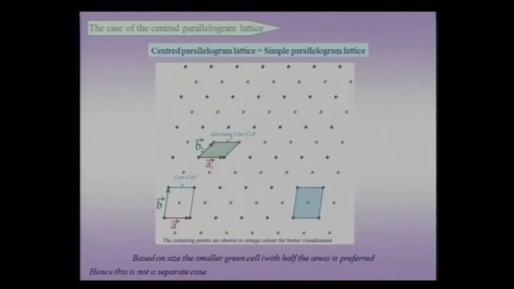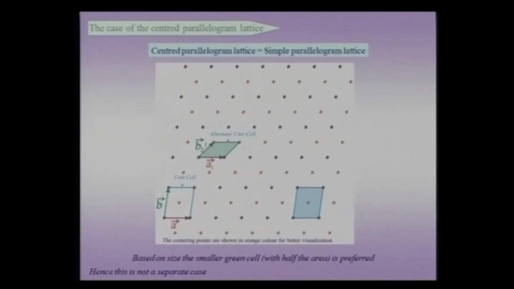Clearly, this new choice tells us that this is not a new case at all, because if you look at the relationship between A1 and B2 and the included angle, you will notice that it is exactly the same as that for the parallelogram lattice. In other words, A1 is not related to B2, and in addition there is no special angle which would describe this kind of choice.